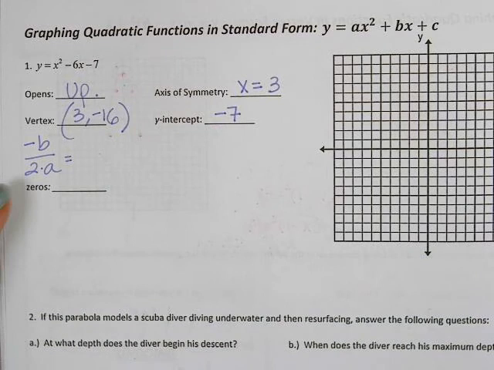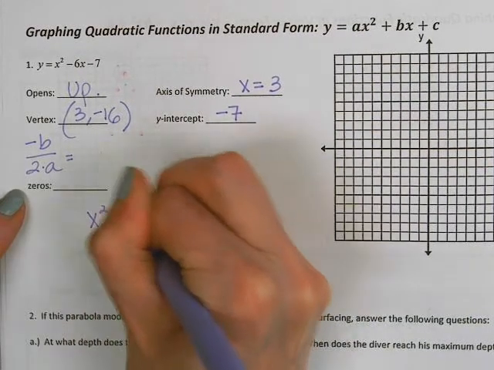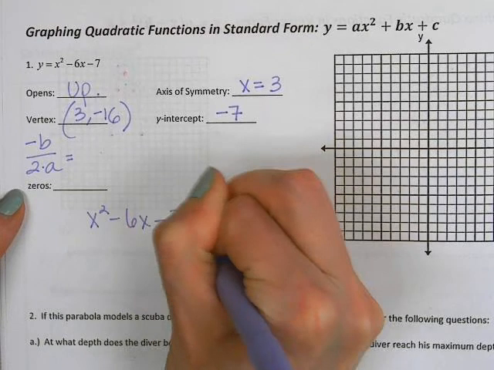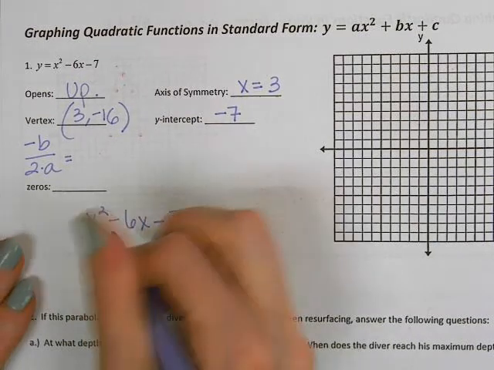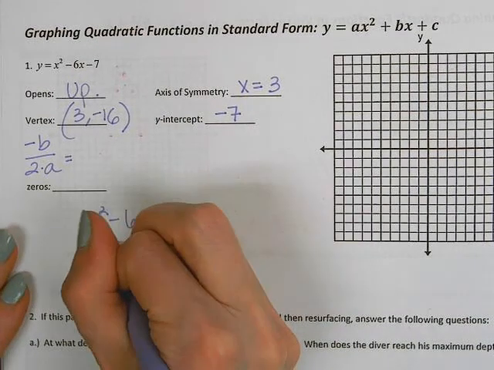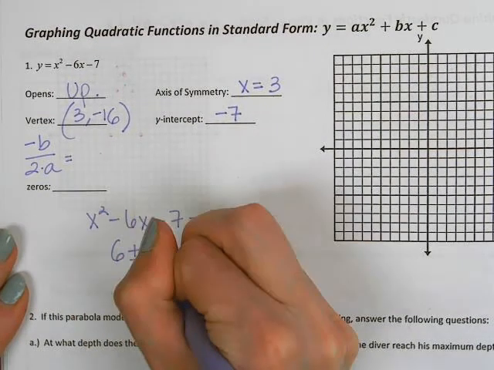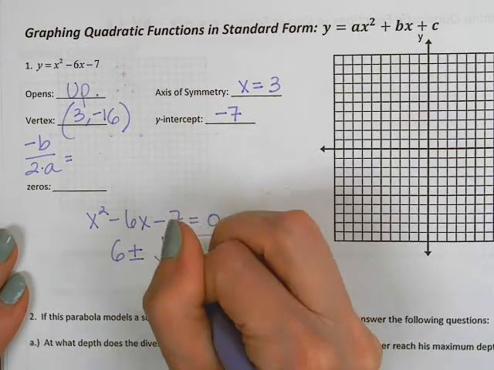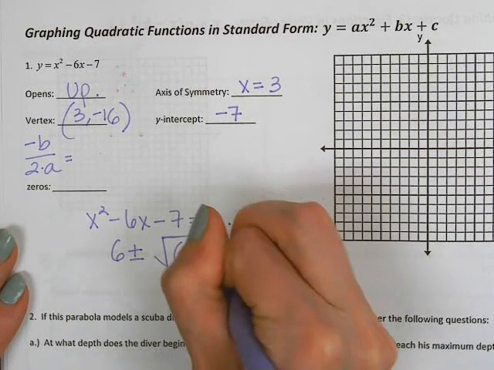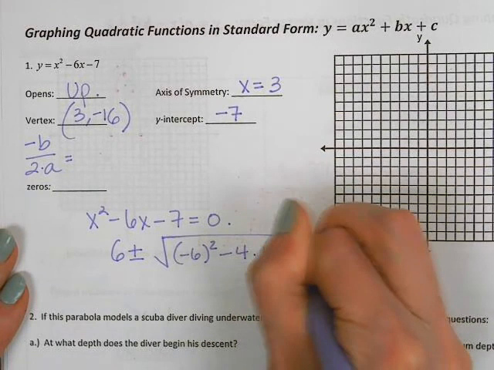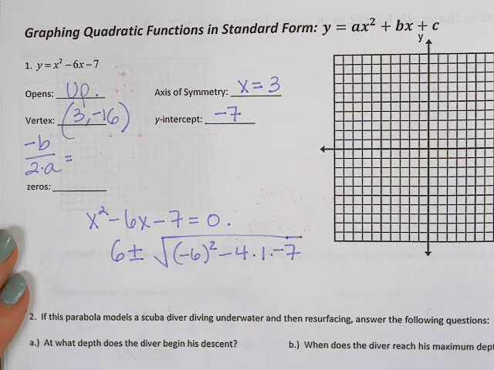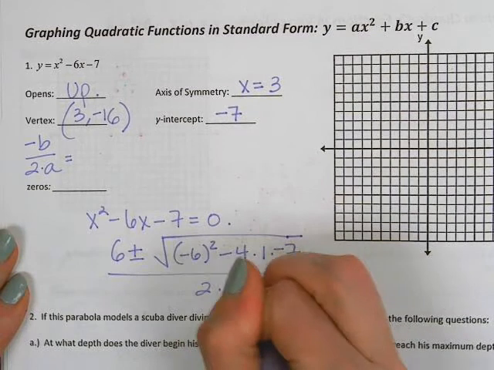To find the zeros, you set the equation equal to 0, and you solve by math table or quadratic formula. So x equals negative b, 6, plus or minus the square root of b squared, so negative 6 squared, minus 4ac, so a is 1, c is negative 7, all over 2a.